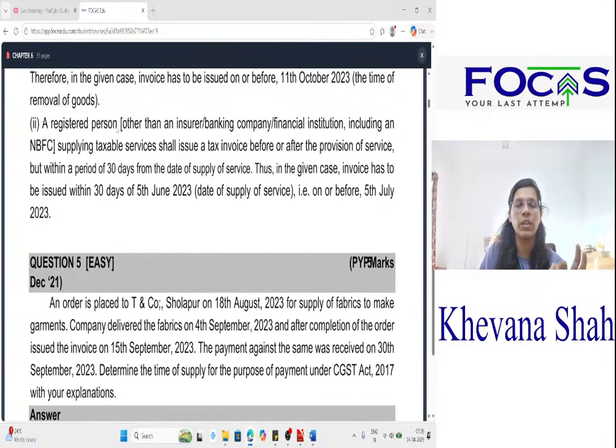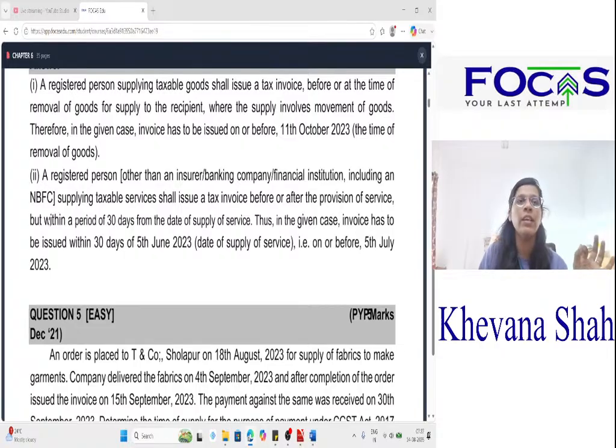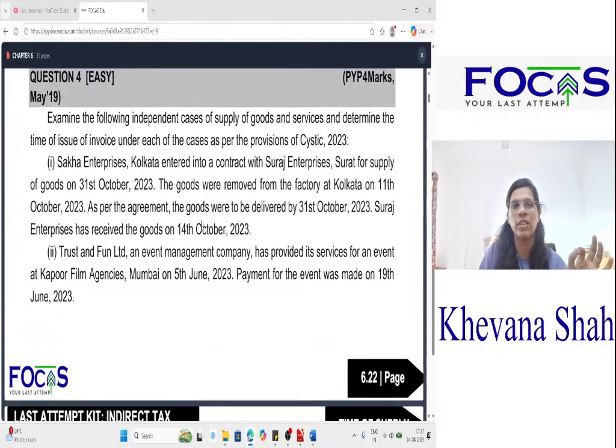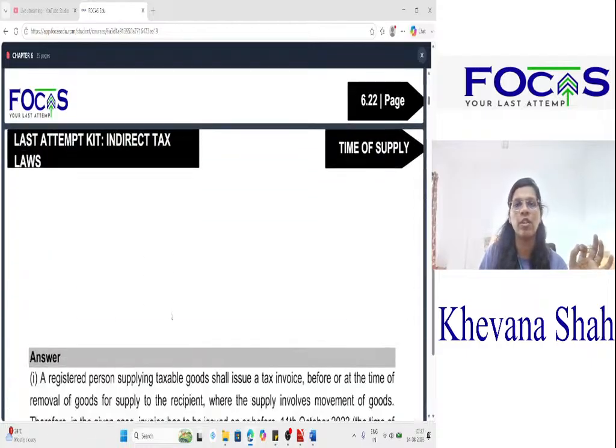a registered person other than an insurer or banking company or a financial institution, including an NBFC, supplying taxable services, shall issue a tax invoice before or after the provision of service, but within a period of 30 days from the date of supply of such service. So see, services are being given on 5th of June and payment is done on 19th of June.